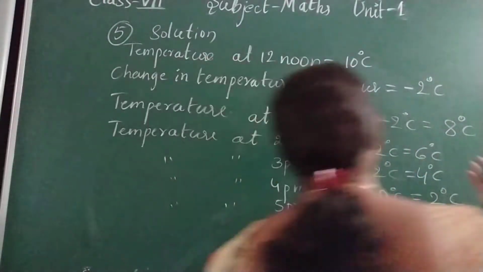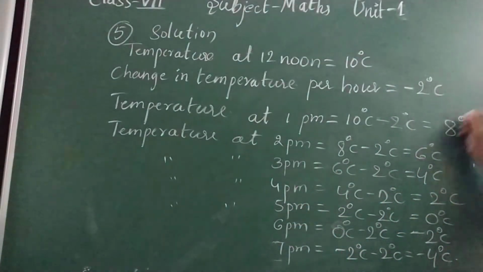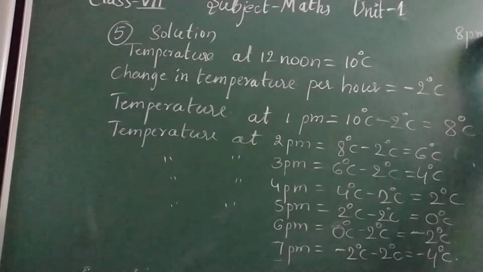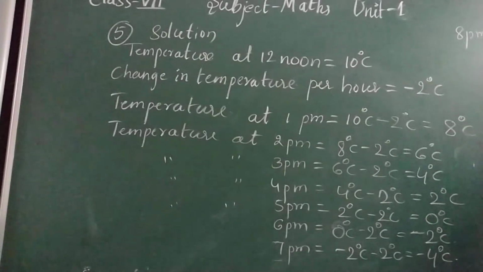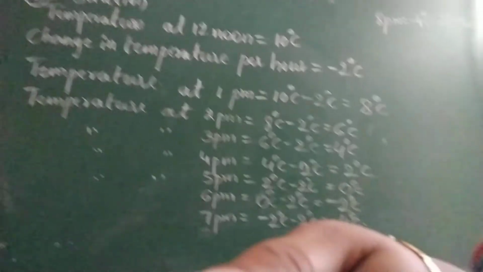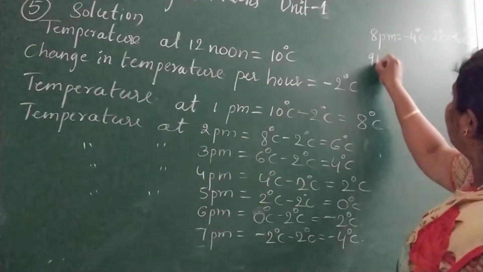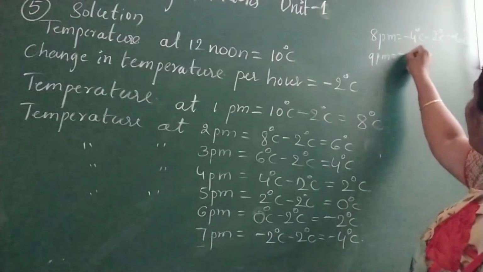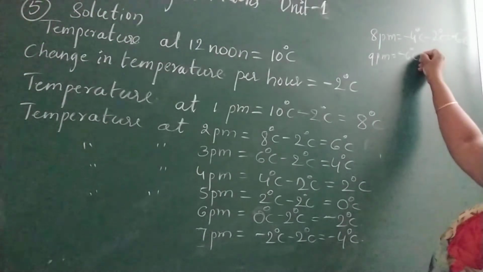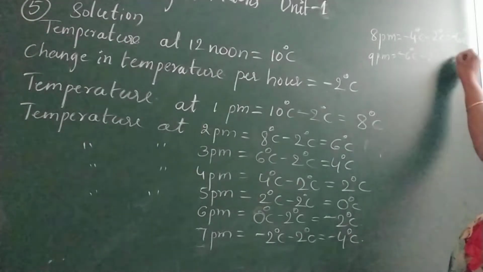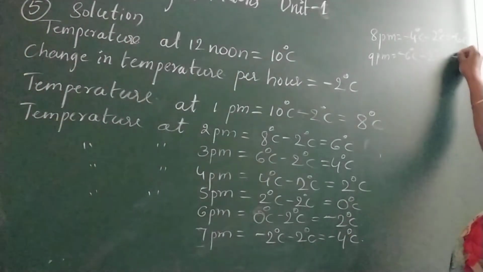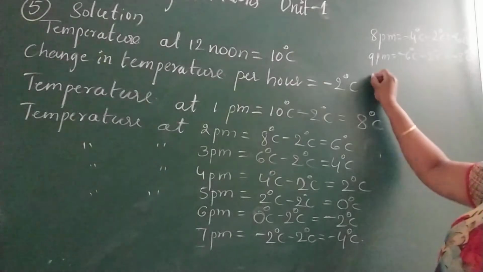Next I will write this side. 8 p.m.: minus 4 degrees Celsius minus 2 degrees Celsius is equal to minus 6 degrees Celsius. Okay, I hope it is visible. Then 9 p.m.: minus 6 degrees Celsius minus 2 degrees Celsius is equal to minus 8 degrees Celsius.